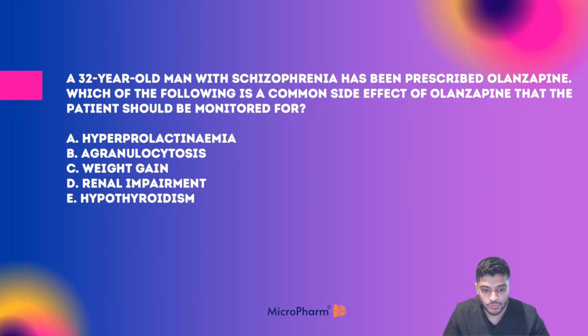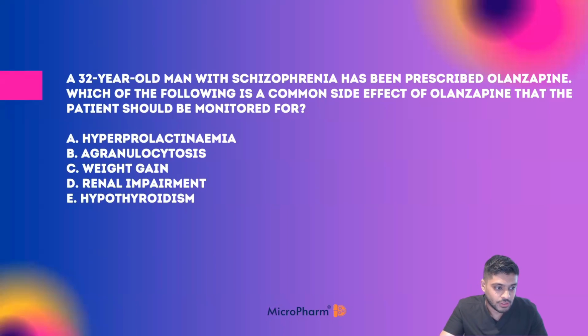Okay, let's go through this question. The patient is 32 years old and has been prescribed olanzapine. The correct answer for this question is weight gain. Weight gain is a well-known side effect of olanzapine. Patients that are taking olanzapine should regularly be checked for weight gain.